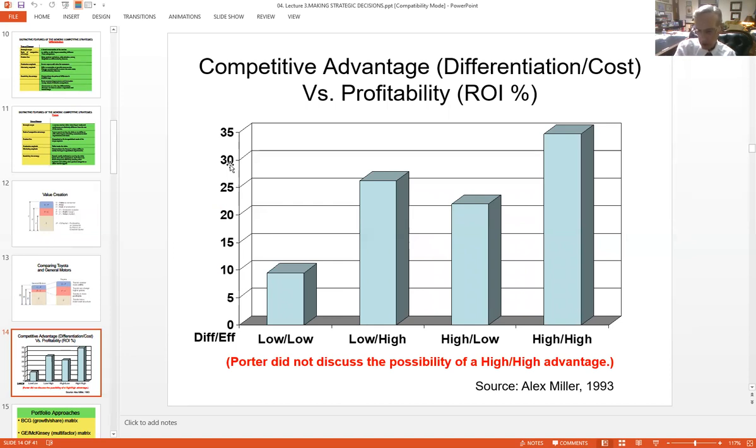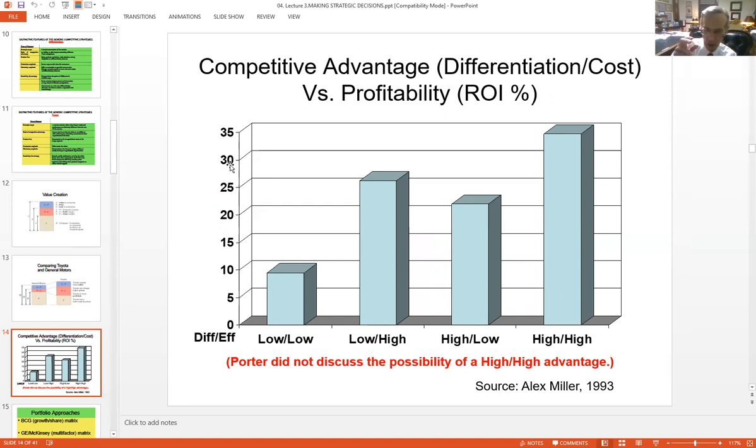So the second bar over represented companies that were low on differentiation, but high on efficiency. That is to say, their costs were low. They had least cost strategies, and you can see their rate of return on investment was a lot higher. The third bar over represented companies that had high differentiation, but low efficiency. And they were better than the low, but they were not quite as good as the low cost strategy.